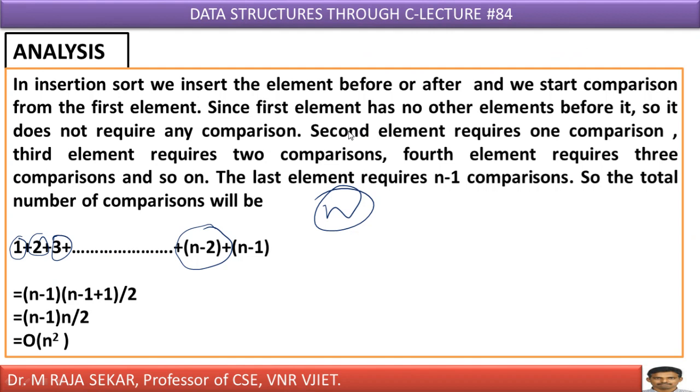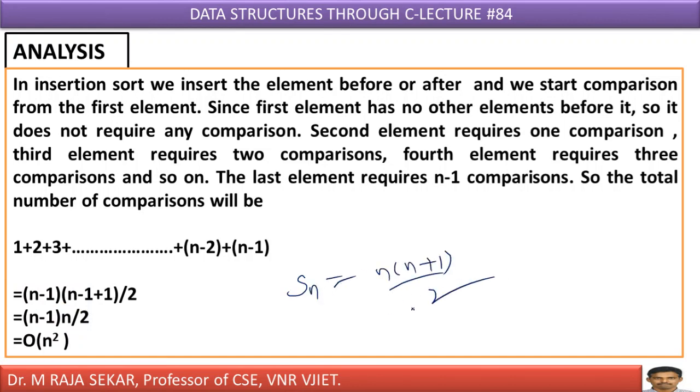Therefore, I need the number of comparisons 1 plus 2 plus 3, and so on, up to n minus 1. Even if you keep plus n also, it will not make much difference. Why? Because while calculating big O notation, it will not make much difference. I can write this as 1 plus 2 plus 3 and so on, n minus 2, n minus 1. This is the summation of the first n natural numbers, and there is a formula for it: Sn equals n into n plus 1 by 2.